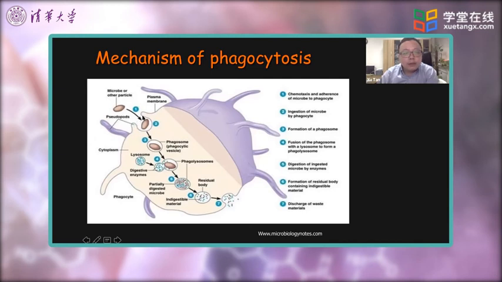Then these foreign cells or particles are taken up, just like endocytosis, by invaginating bubbles of the macrophage, forming the so-called phagosome or phagocytic vesicle. This phagosome then migrates through the cytoplasm until it meets the cellular bubble called the lysosome.